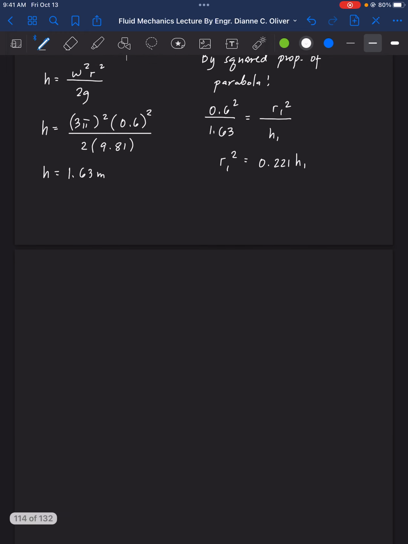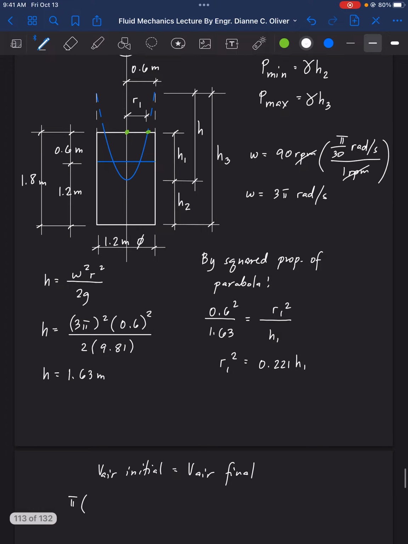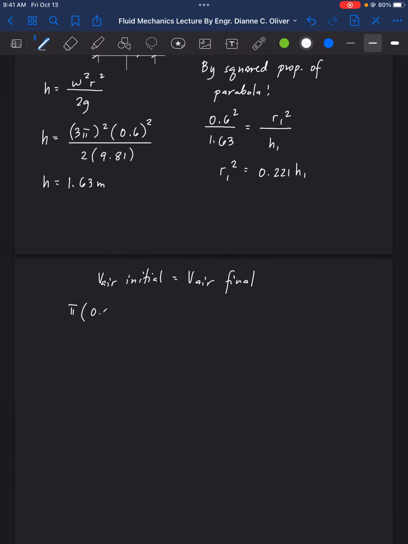We will use that in our V air initial equals V air final. And again, this is the volume of the cylinder of the empty. So that is pi times 0.6 squared and the height is 0.6, equal to V air final, which will be the volume of the paraboloid, so 1/2 pi R1 squared times H1.